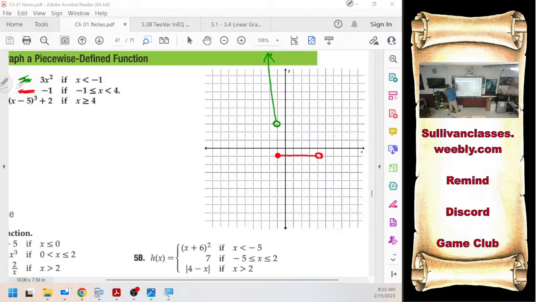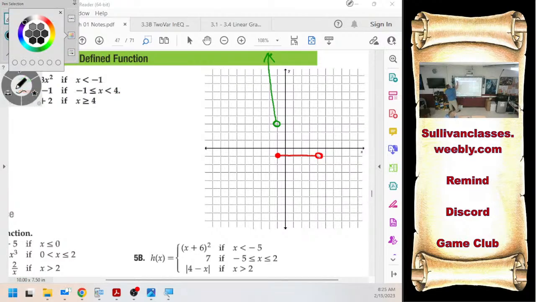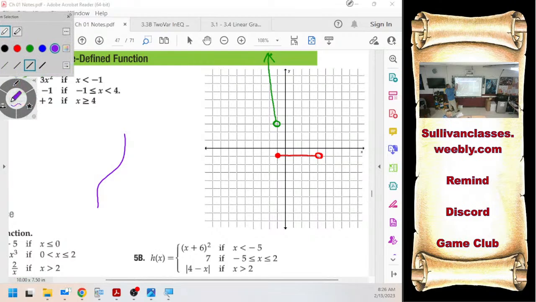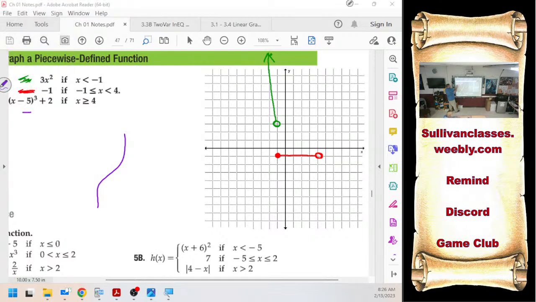And then cubic. Remember, cubics can look like this or like this. It depends on what kind of junk is in the middle between your cube term and your constant term. If it's in transformation form, though, it always looks like this. So I'm going to take my point of inflection in the middle, which is transformations. Remember, it's bass-ackwards land.